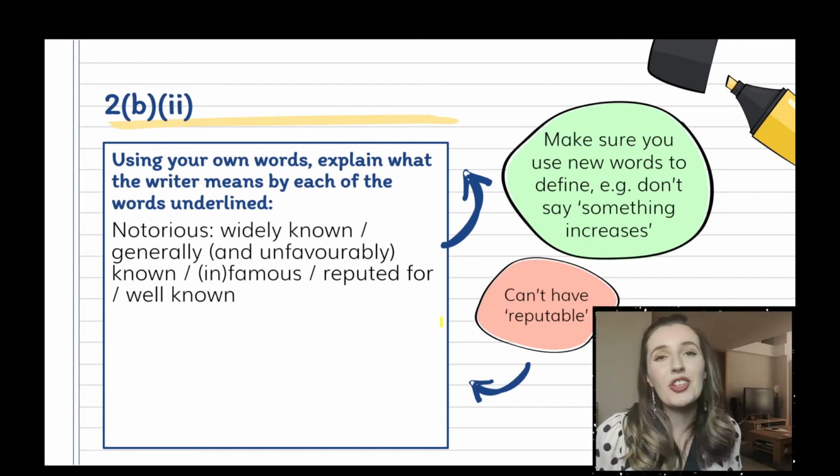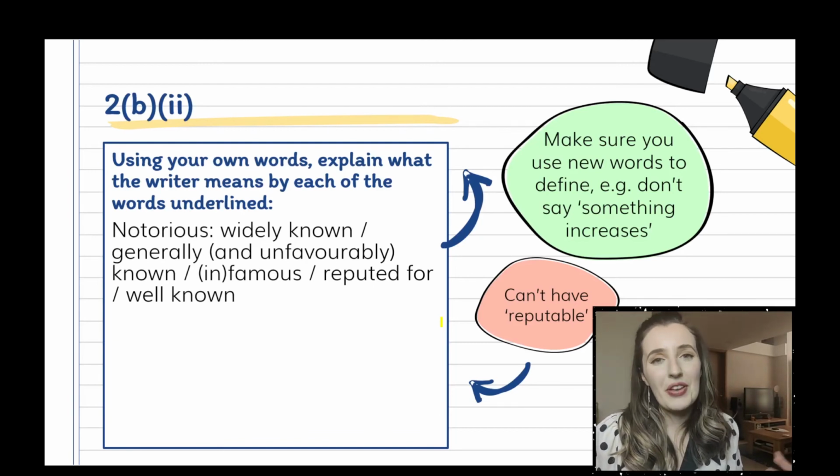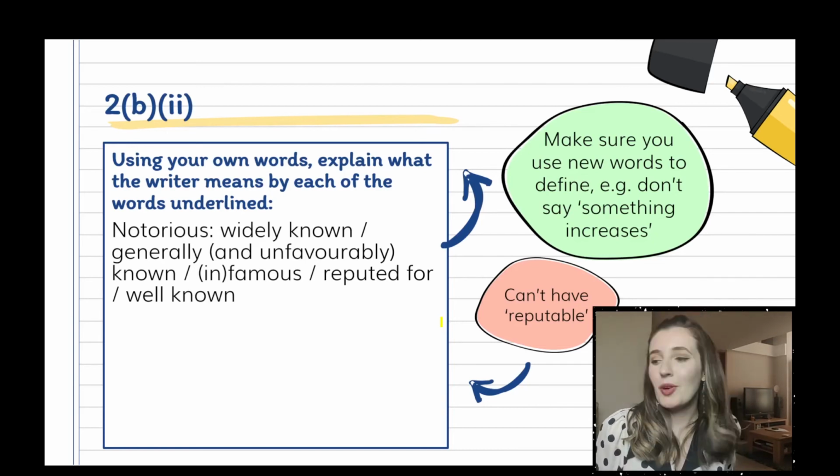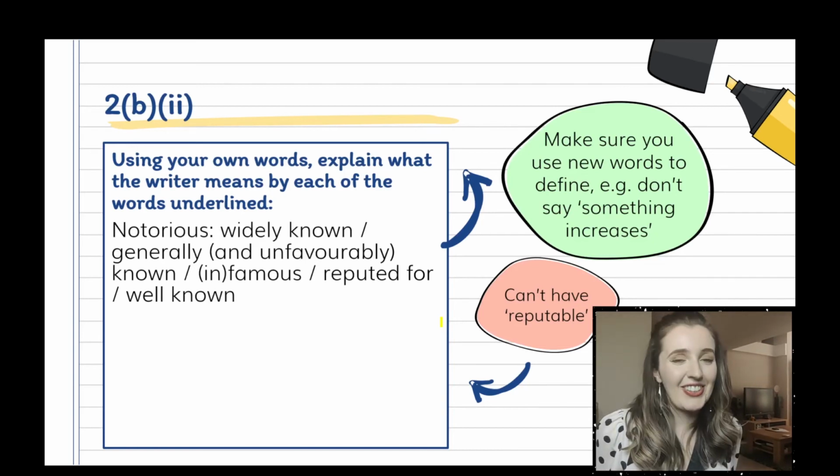But if you have just written the word famous, fine, you can have the mark. But if you said that in real life, you would be wrong. Whatever. Let's move on to the next question.